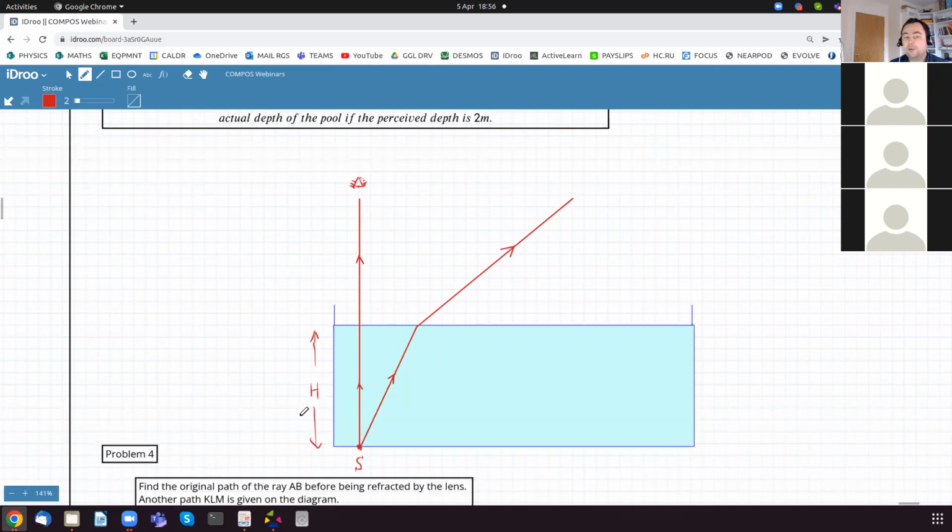Can somebody help me? Where is the perceived depth of the swimming pool? You can use annotations on the screen. Where do we see the bottom of the swimming pool? Where do we think the bottom is?